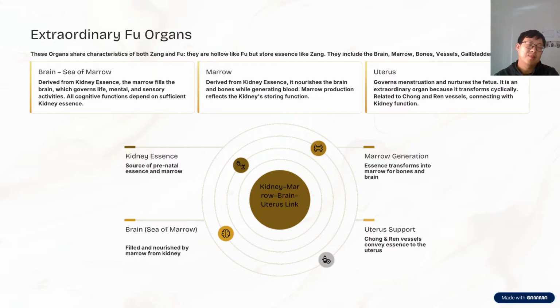In Western medicine, bone marrow produces different types of blood cells, like platelets, white blood cells, and red blood cells. So the bone marrow is more like a factory generating blood in Western medicine.